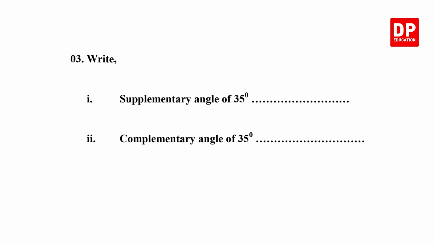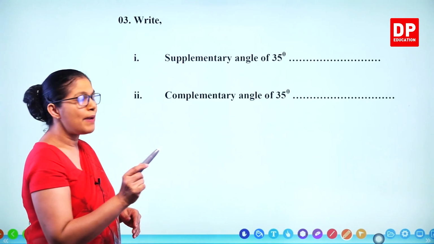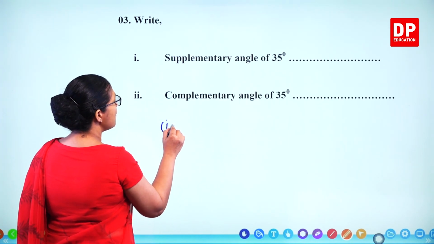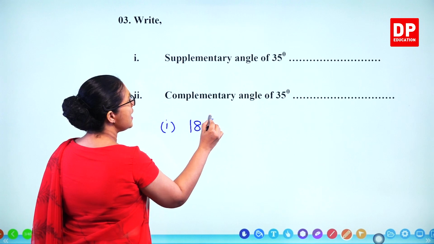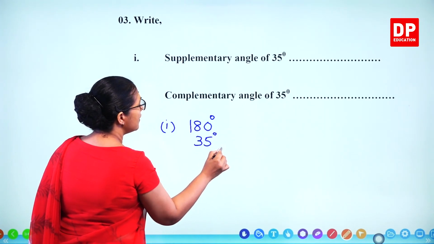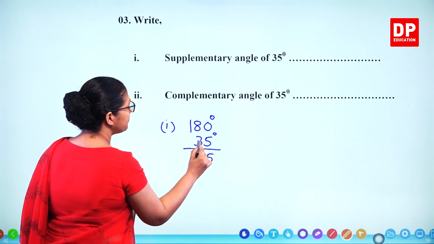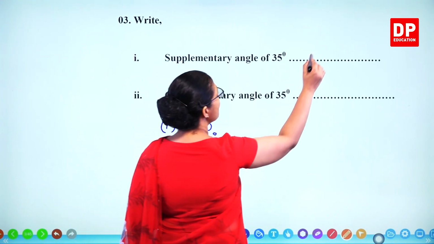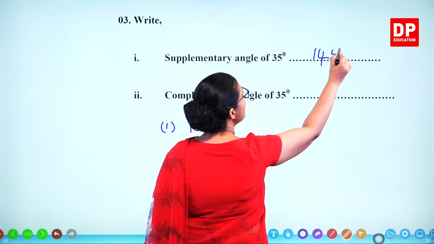Question number 3. Write supplementary angle of 35 degrees and complementary angle of 35. So what does supplementary mean? Adds up to 180. So straight away we can find 180 minus 35. When you subtract, 145 is the supplementary angle.